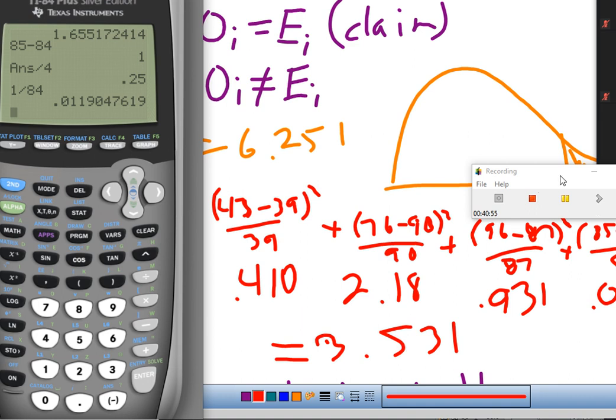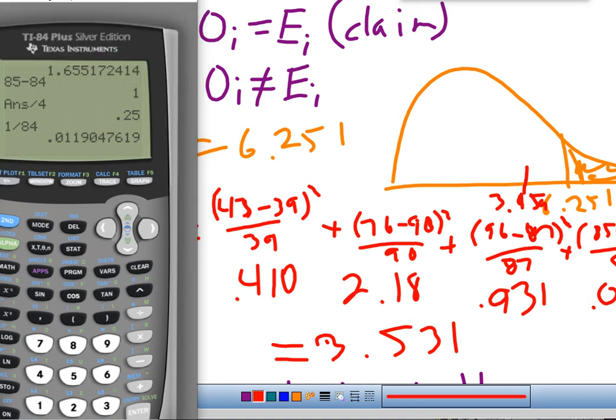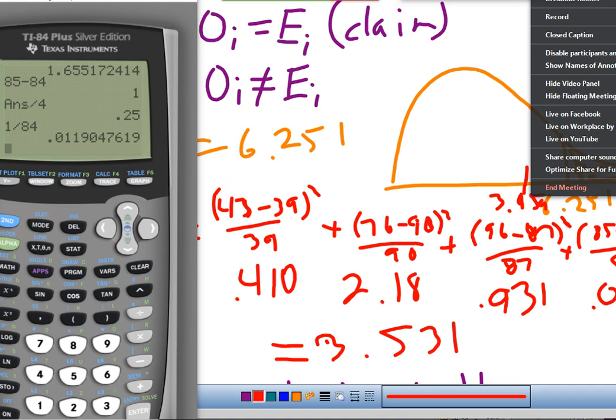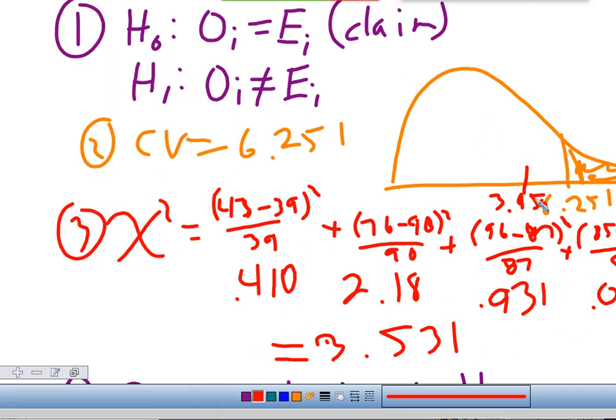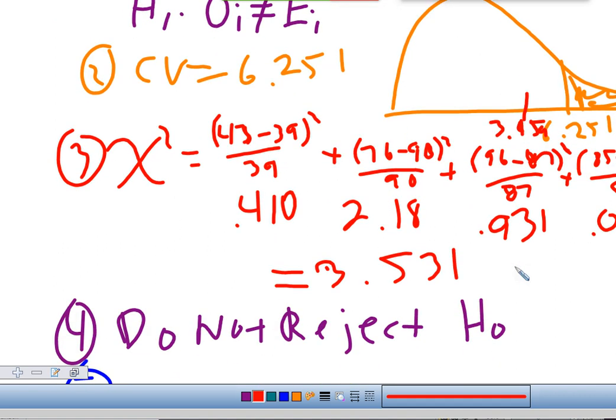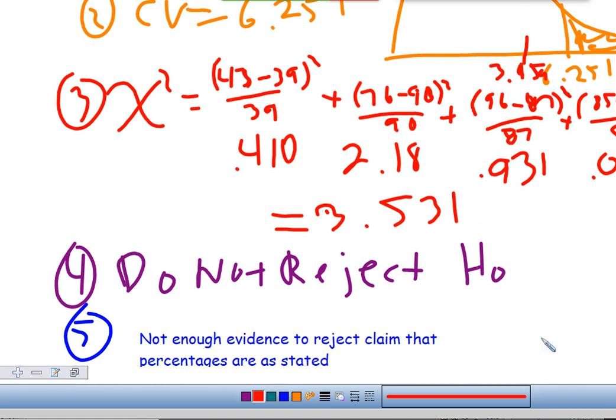If you add all those up, you'll get 3.531. So then we take a look at our little area here, and we'll say, if I look at that, that is clearly in the not guilty range. So I'm going to not reject H0. Do not reject H0, which means we do not have enough evidence to reject the claim that percentages are as stated.